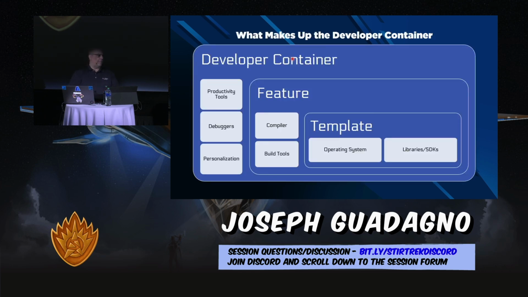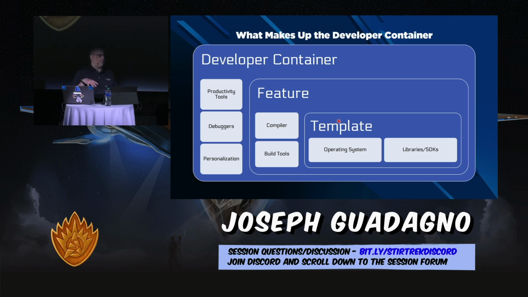So let's look at what makes up a developer container. The container itself contains all this. Containers are built on a template. A template, which we'll show some examples of, is basically the operating system and a series of libraries or SDKs. So if you're running, let's say, .NET 7, you'll have a Windows or Linux operating system, and then the .NET SDK.